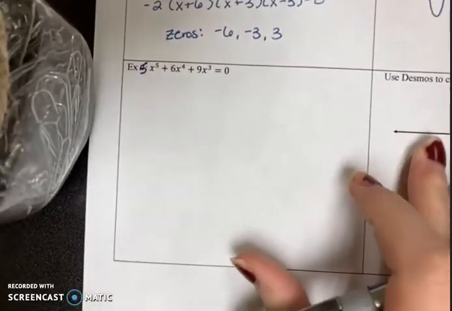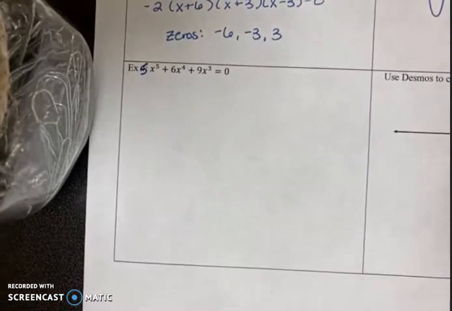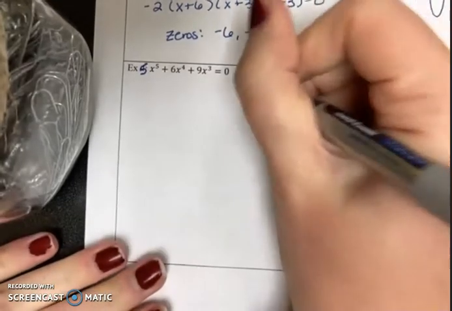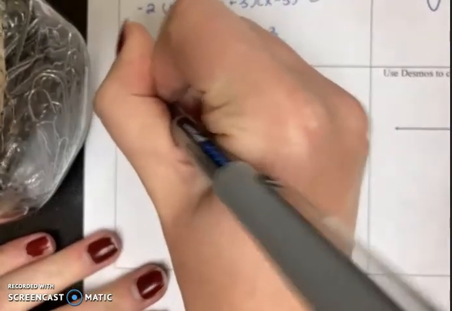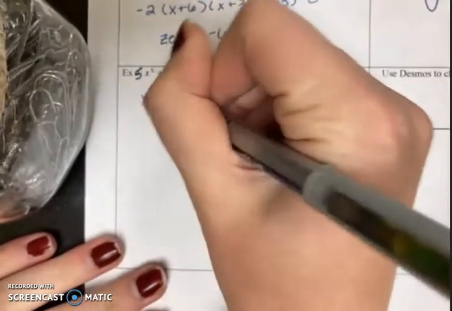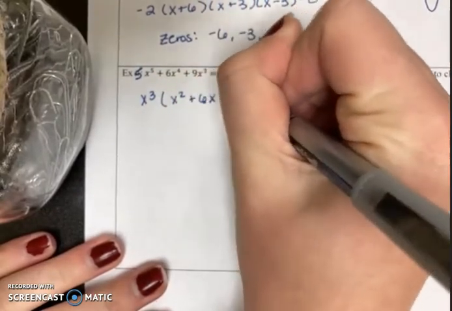All right, example 5. We have x to the 5th power plus 6x to the 4th power plus 9x cubed equals 0. The very first thing that I notice is that there is a GCF here of x cubed. So let's go ahead and pull that out. X cubed, x squared plus 6x plus 9 equals 0.